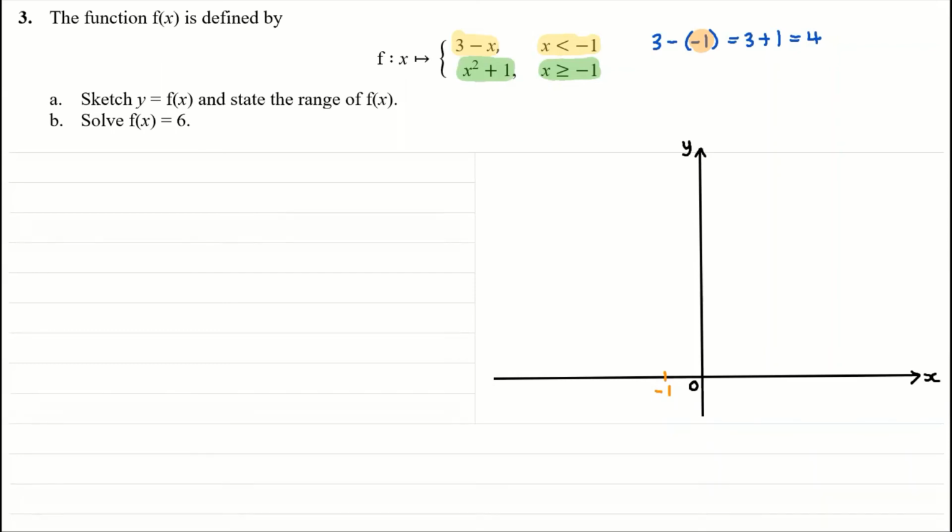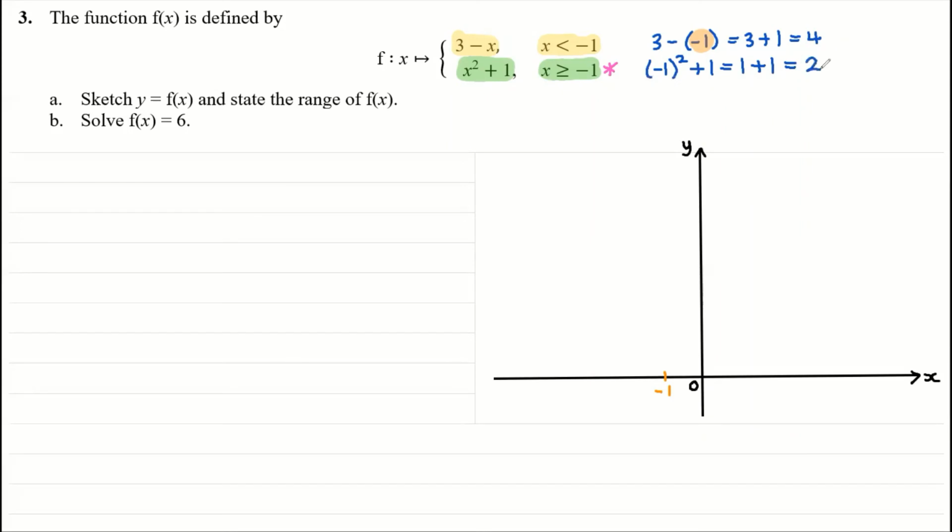The point that is included is if I sub in -1 into the second function here. Okay, so into this, because you can see that -1 is included right there. So let's sub that in. So we're going to have -1 squared plus 1, which is going to be 1 plus 1, which equals 2.